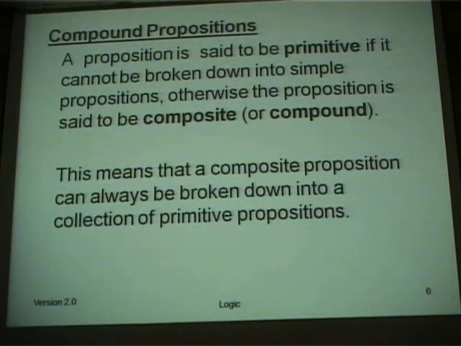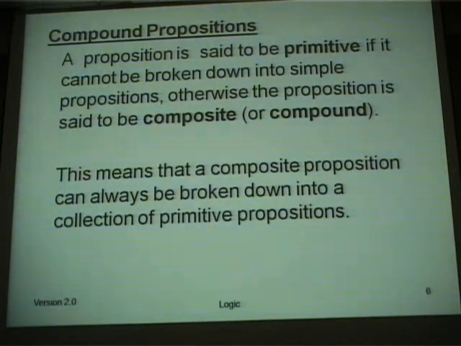Now, let me give another example of a proposition, for example, I am teaching. Is it a proposition? Yes, it is a sentence, and it is true. So it is called a primitive proposition. It's the simplest form of a proposition. But usually we don't deal with primitive propositions all the time.